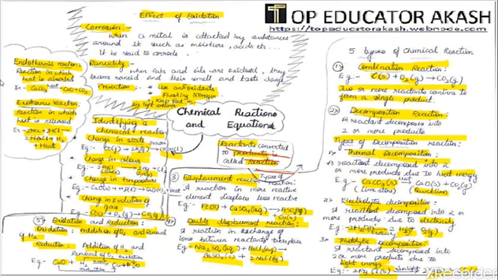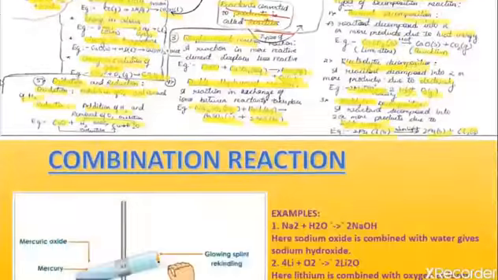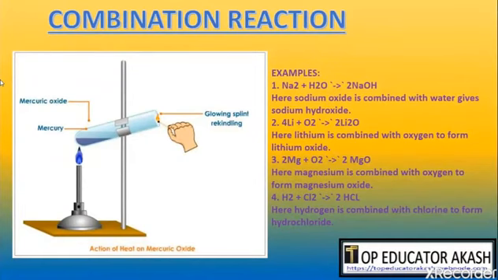So next we will go to the combination reaction. I will show you some examples. Here you can observe that mercuric oxide is formed when mercury is burnt in air with oxygen. You can see the reaction 2Hg plus O2 gives 2HgO.